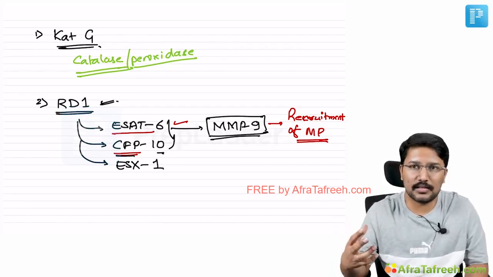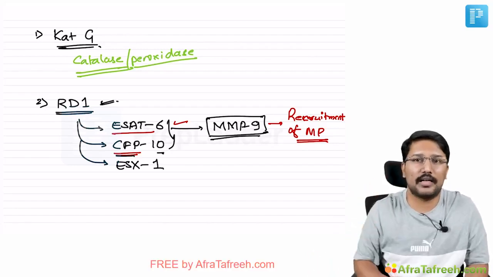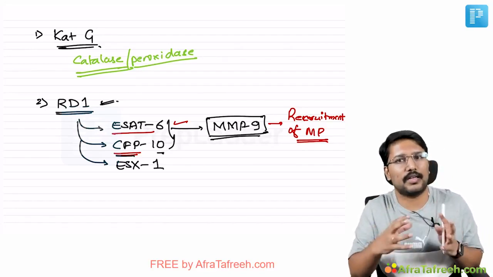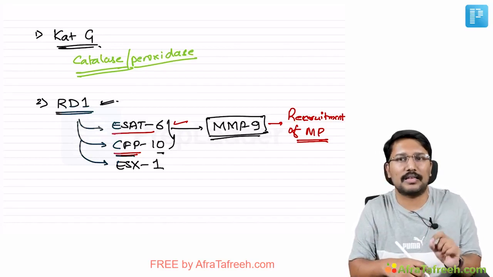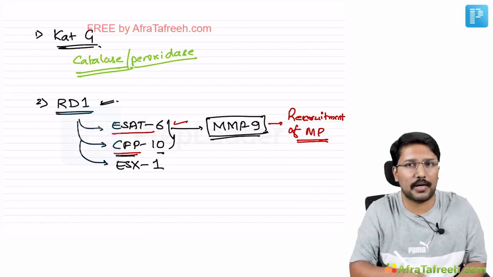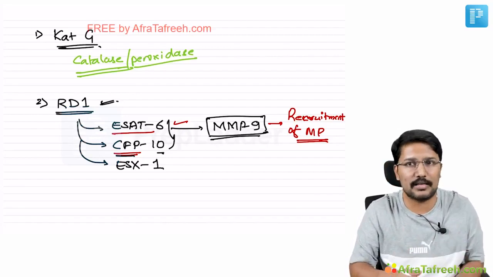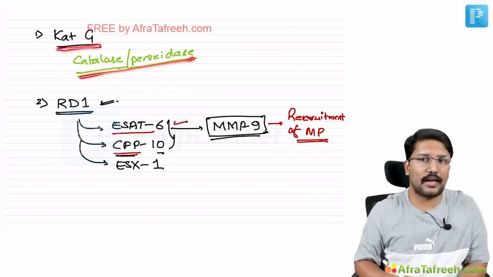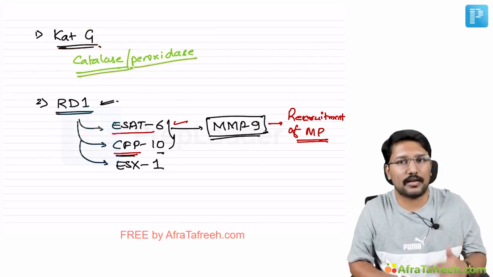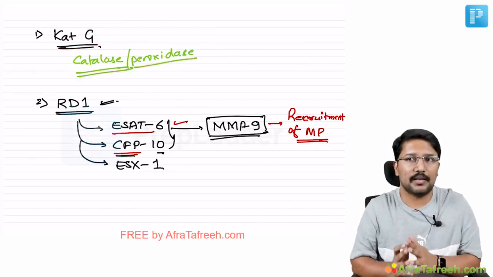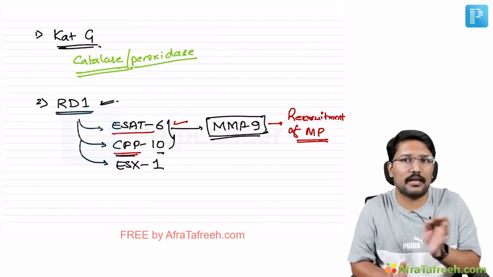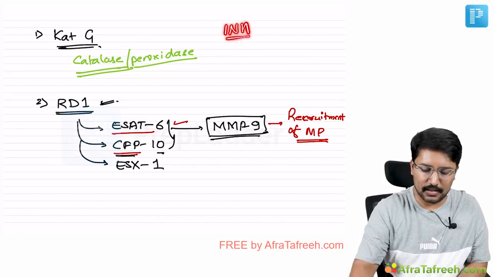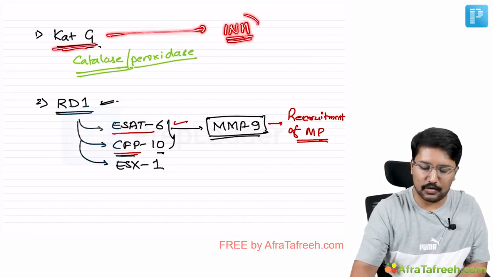Even then the host cells will probably have a very high oxidative stress or oxidative load. The infected cells will be going through high oxidative stress. That oxidative stress itself may be sufficient to kill the mycobacteria. So the bacteria needs a defense against that. This catalase peroxidase system coded by the gene CATG comes in handy. It reduces the oxidative stress and helps create a thriving environment for mycobacteria inside the host cell. And if you remember, when we talk about the INH drug, this CATG is required for activation of INH.